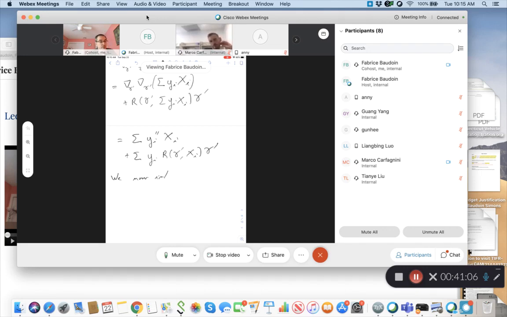Sometimes this is denoted simply by R of gamma prime. This is an endomorphism which is defined along the curve as follows.